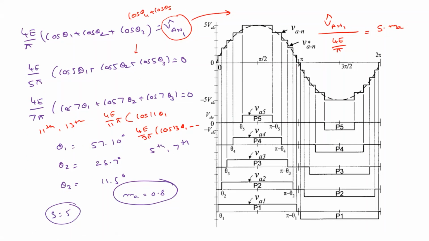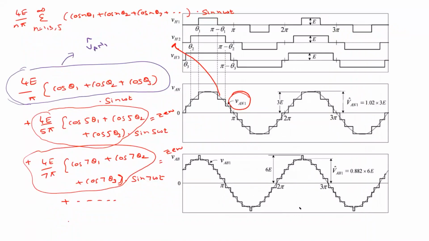So now this entire equation is simplified as cos theta 1 plus cos theta 2 plus cos theta 3. In this case S equal to 3, so that means 3 times MA.